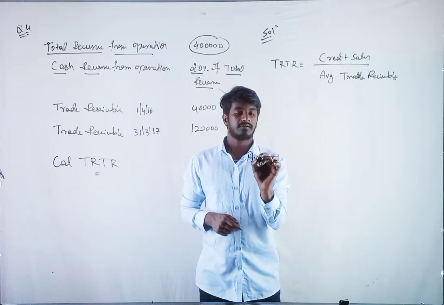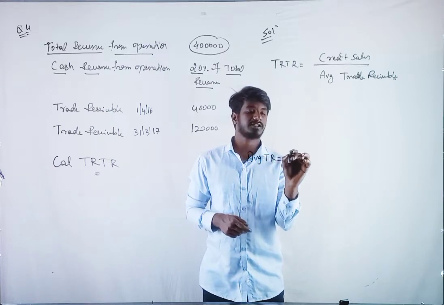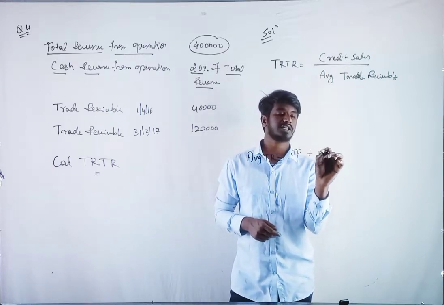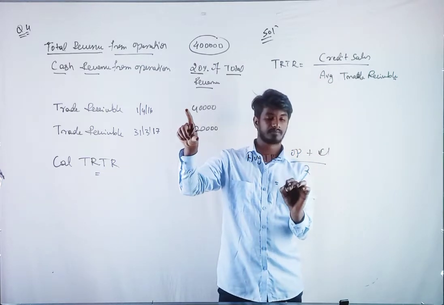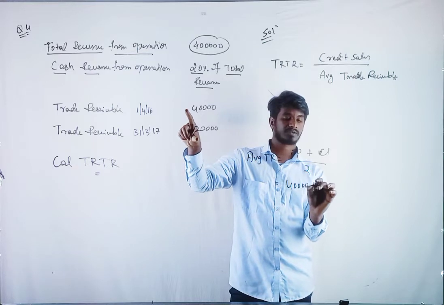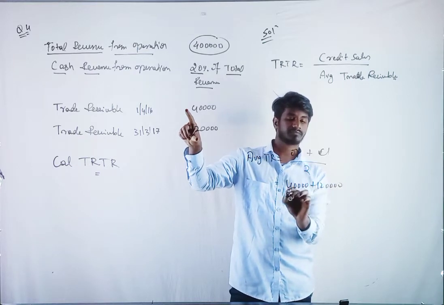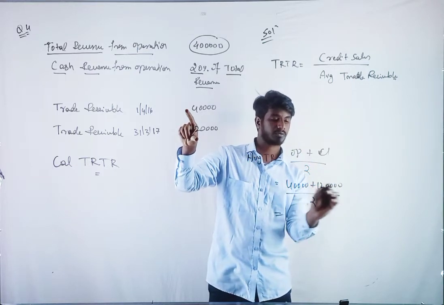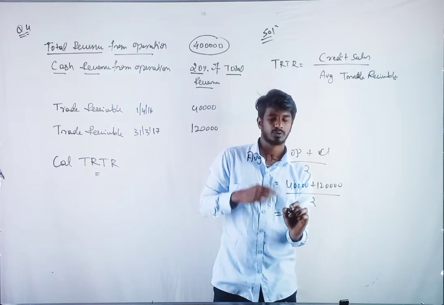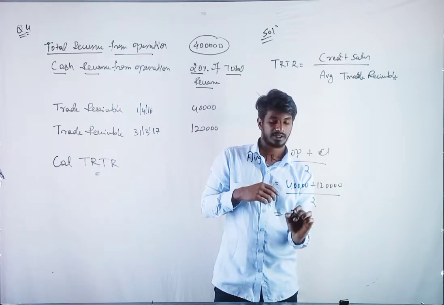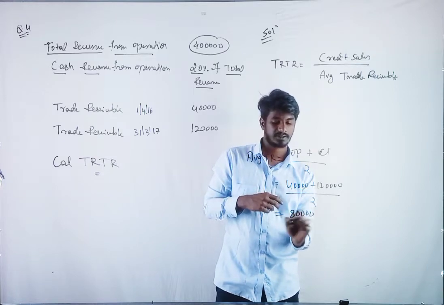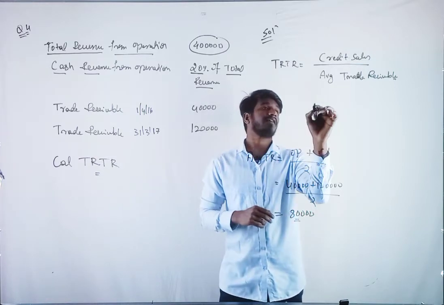Average trade receivable is equal to opening plus closing divided by 2, equal to 40,000 plus 1,20,000 divided by 2. It comes out 1,60,000 divided by 2. How much is it? 80,000, right?